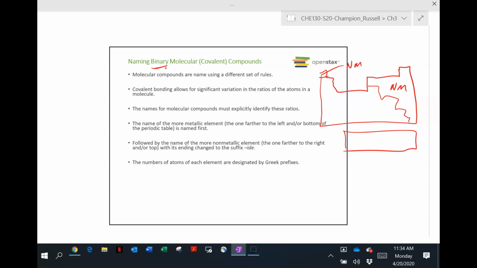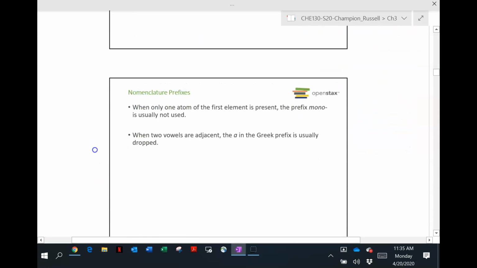We're going to name it, and we're going to use these Greek prefixes. We're going to look at the two elements and pick the one that is more to the left or the bottom. I usually say the furthest from fluorine, and we'll pick that to be the thing we name first, and we don't change its name. The one that's closer to fluorine will change its name to end in "ide." We'll write it last.